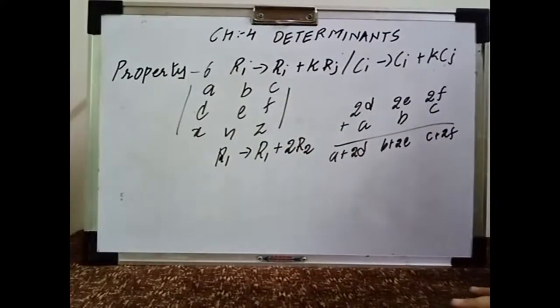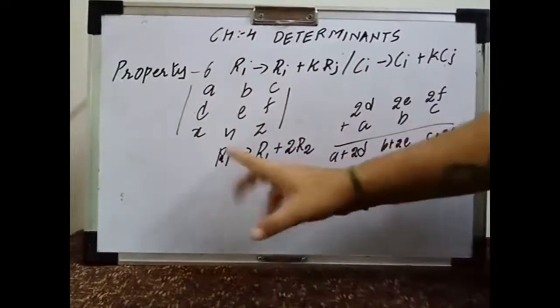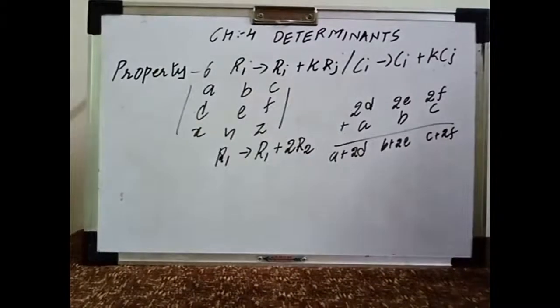You can see that over here the information about the new row 1 only is given. Therefore, our row 1 will change. There will be no change in row 2 and row 3.